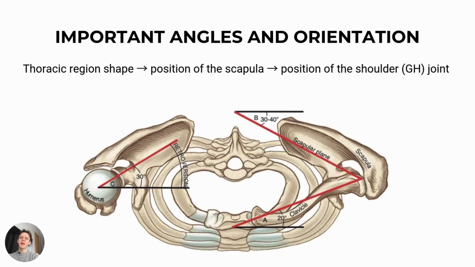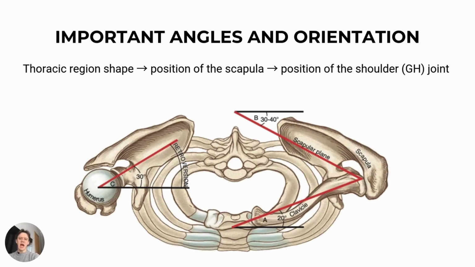So other important angles are shown on this anatomical illustration that throws some light on the scapular plane and important angles in the shoulder biomechanics. The image shows a superior view of the shoulder complex, including the humerus, scapula, clavicle, and thoracic vertebra with ribs. There are several key angles marked in red and dark lines.